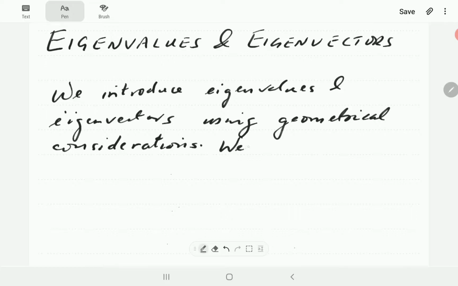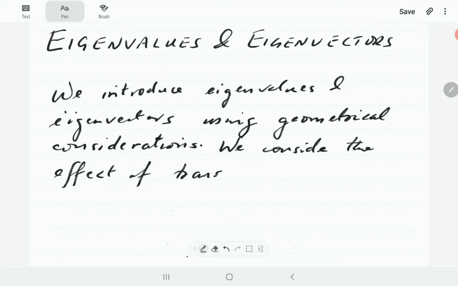So we are going to consider the effect of matrices, let's call them transformation matrices, on two-dimensional vectors.